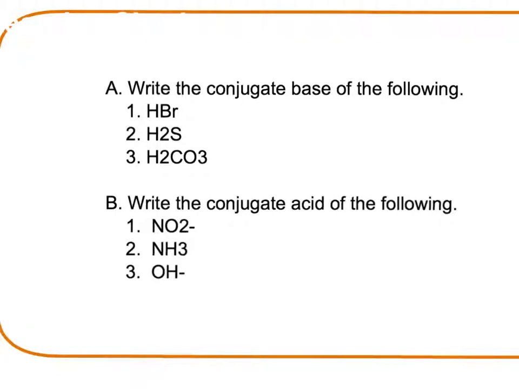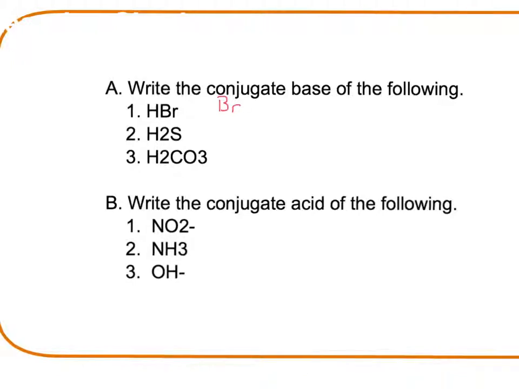Here we have some example problems in order to identify the conjugate acid and base. Example A asks us to write the conjugate base for the following conjugate acids. Now, our conjugate base will have one less hydrogen than our conjugate acid. Therefore, we have Br as our conjugate base.